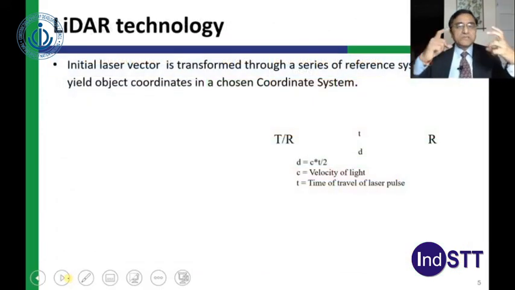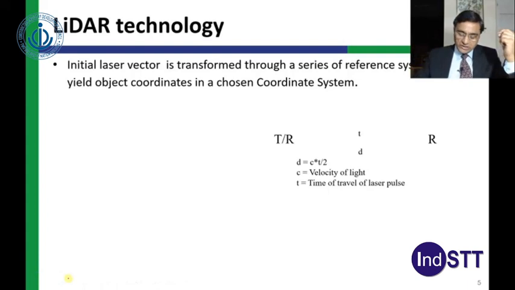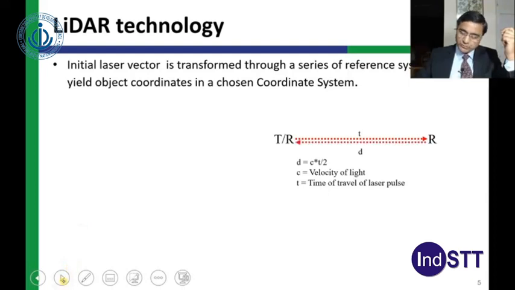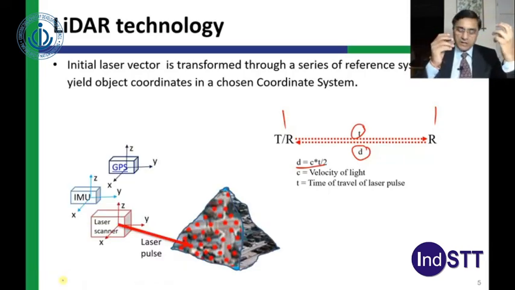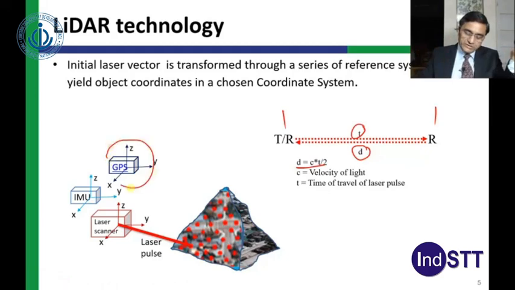So what is this technology? In this technology, we are using a laser pulse which is being transmitted this way, and this laser pulse will come back. So we will be able to measure the time of travel. From this, we know the distance between these two points. Well, if we know the distance, the same instrument is now being carried along with a GPS, an orientation sensor.